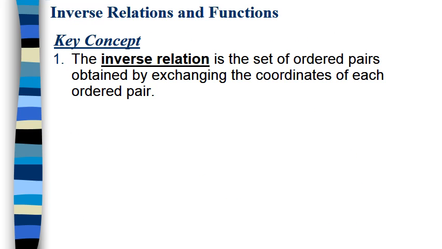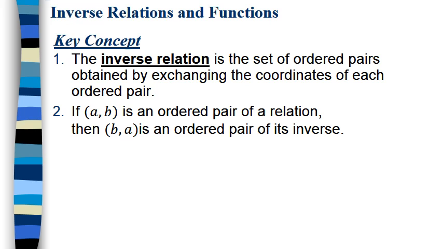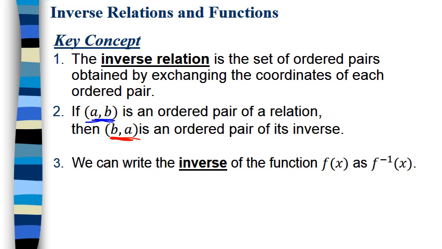Okay, so in general, we call inverse relations the set of ordered pairs we find by exchanging the coordinates of each ordered pair. This means that if (a, b) is an ordered pair in the function or relation, (b, a) is an ordered pair of its inverse. We can write the inverse of a function as f inverse of x.